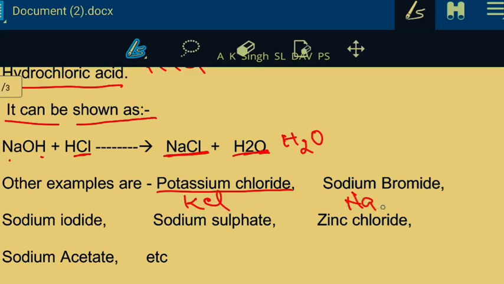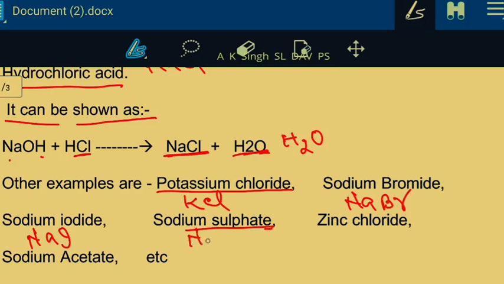Sodium bromide, NaBr. It is made up of sodium hydroxide and hydrobromic acid, HBr. Other is sodium iodide, NaI. It is made up of sodium hydroxide and hydroiodic acid, that is HI. Now sodium sulfate.